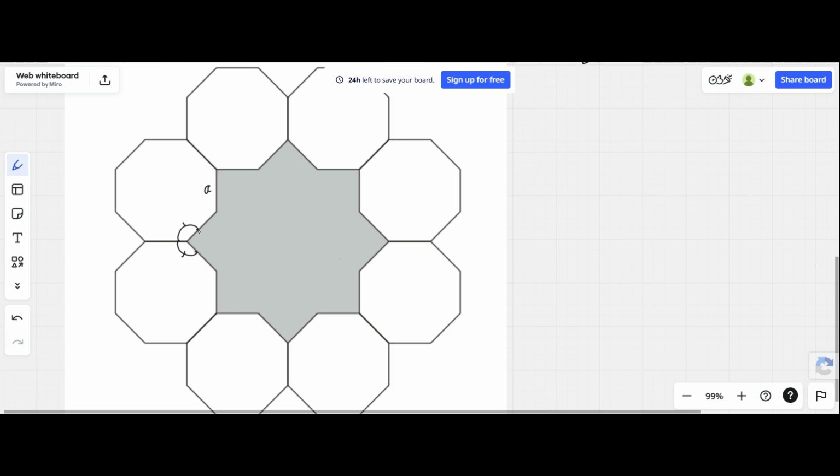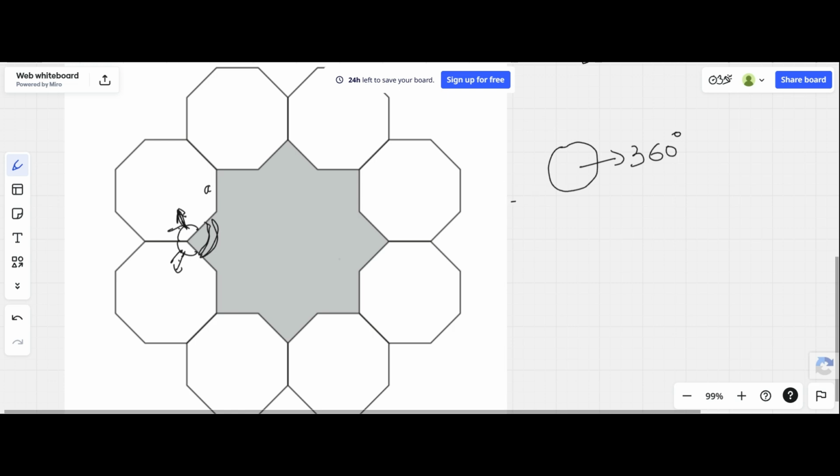We want this angle. What is the angle of a circle? A full circle is 360 degrees. So if we find one interior angle, these both will be the same, and we can find this angle. Very simple. So how to find an interior angle?